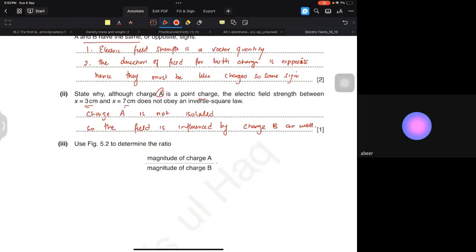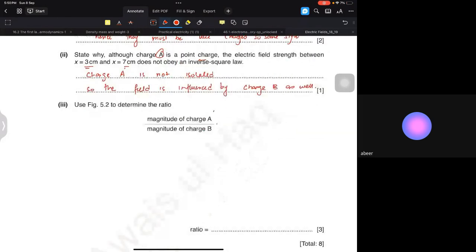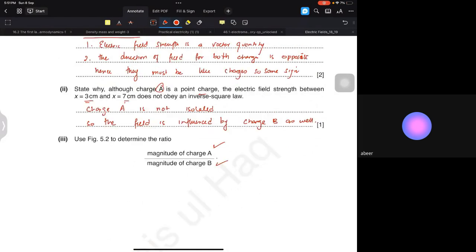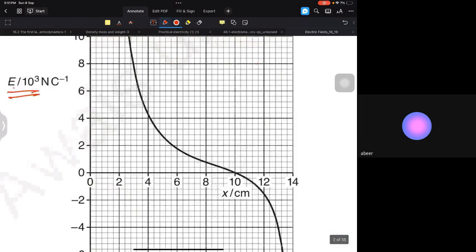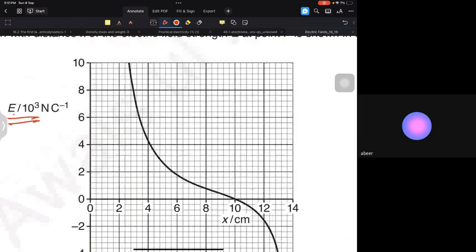All right. Now, the next one says use figure 5.2 to determine the magnitude of charge A and magnitude of charge B. That's pretty easy considering we have the graph here. This is the net field graph, so it's pretty common that you're going to get something like this. As you can see at this spot, both the electric field strengths are zero, right, kids?